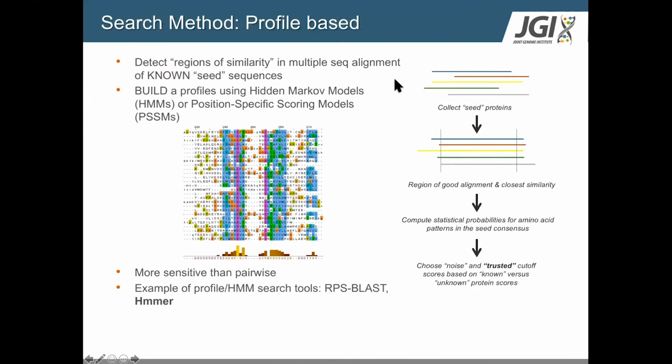So you take a bunch of reference sequences that are well characterized, well known, generate a really good alignment, and then compute the statistical probability for the amino acid in those positions in the seed consensus. And so here's a schematic again. You have a multiple sequence alignment, and then you have the consensus, and you compute the statistical probability, and you build a profile such as a hidden Markov model or a position-specific scoring model.